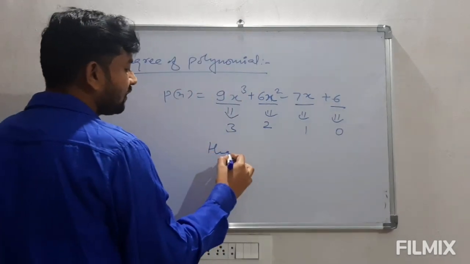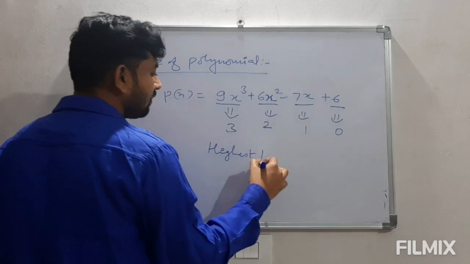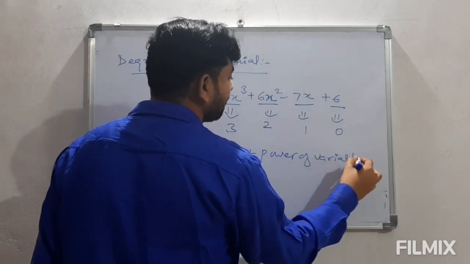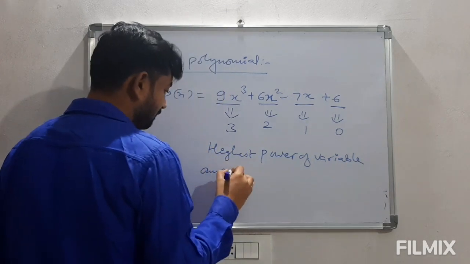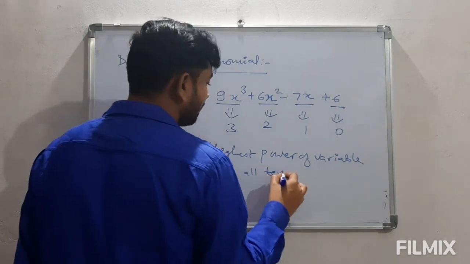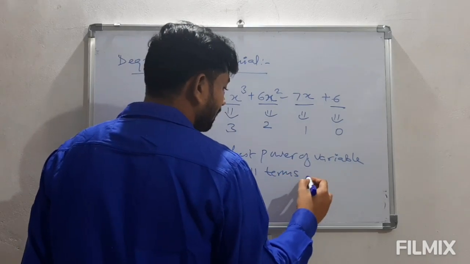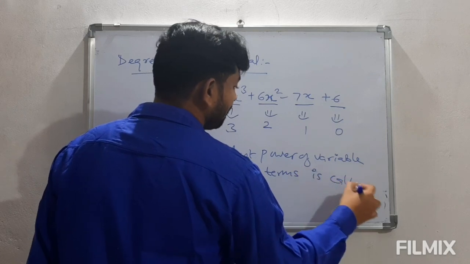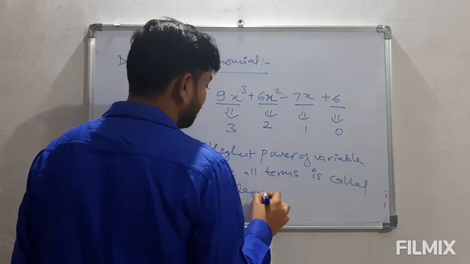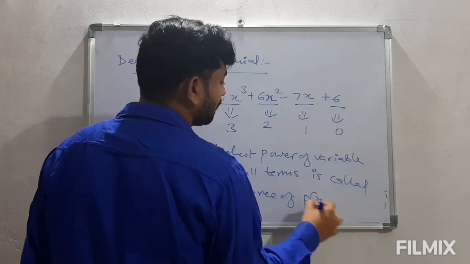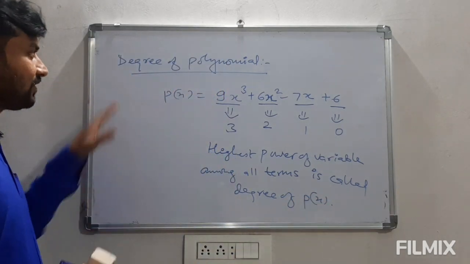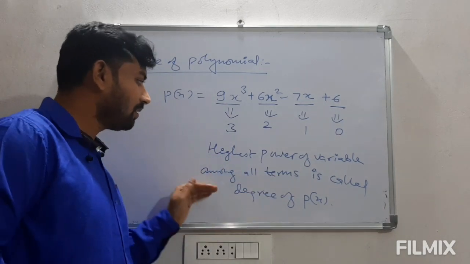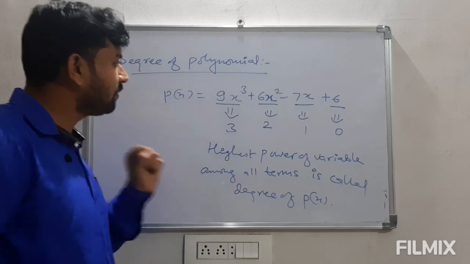So the highest power of variable among all terms is called degree of p of x. अगर हमको डेफिनेशन लिखना है डिग्री ऑफ पॉलिनोमियल की, so it is highest power of variable among all terms is called degree of p of x.